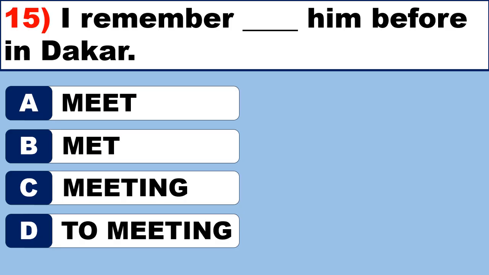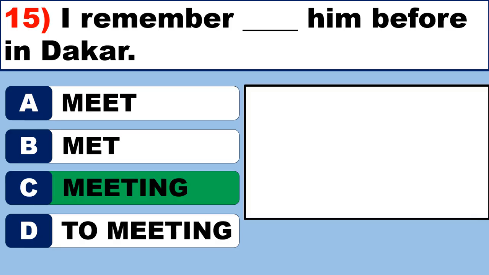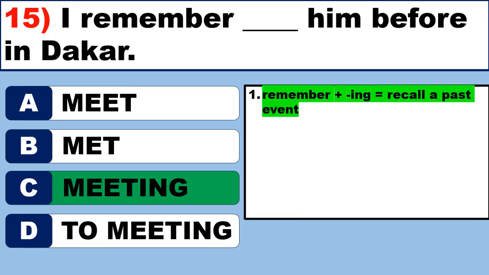But in this situation, remember is followed by ing form. Why? I remember meeting him. It is a past. Remember plus ing form when you recall a past event. Quand tu te rappelles, tu te souviens d'une action du passé. Je me rappelle l'avoir rencontré à Dakar.